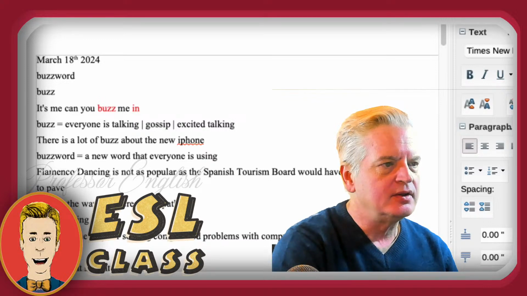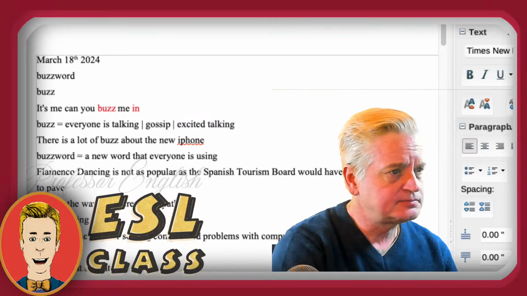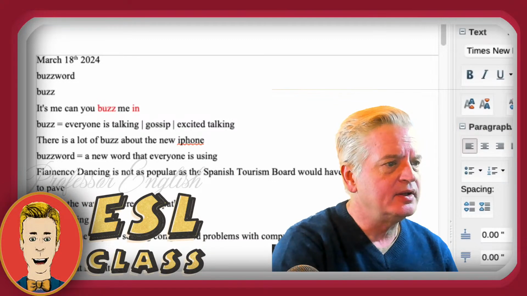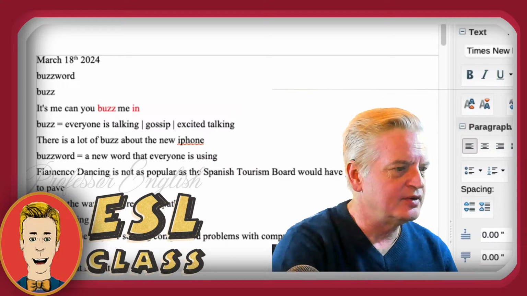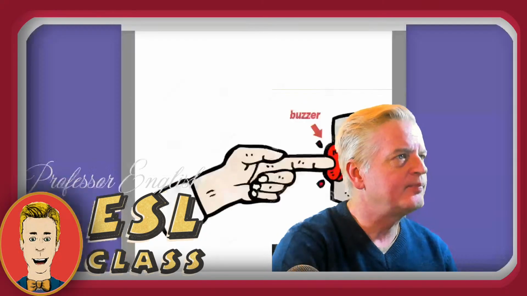Let me just find a picture that I have. Okay. This is from an exercise I do that uses the word buzz. It's so useful, I have an exercise reserved for it.